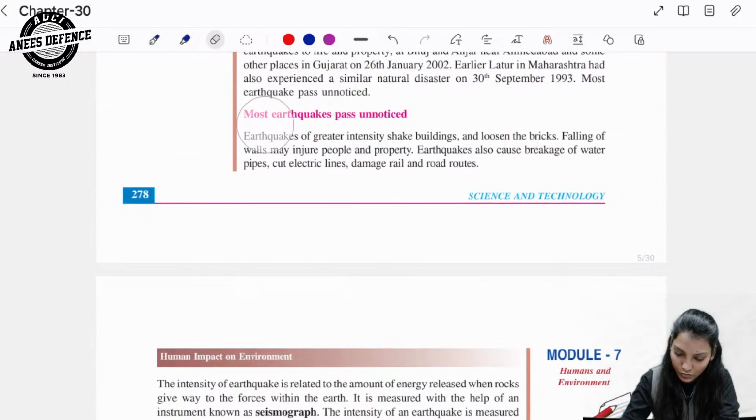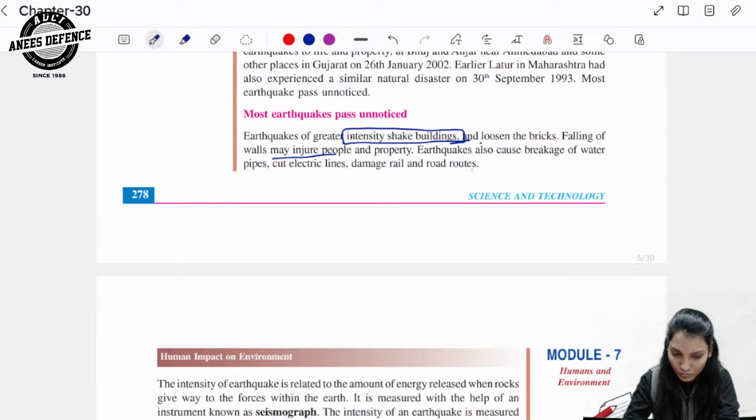In case of severe earthquakes, the intensity of shaking of the buildings is high. So falling of walls may injure people and property. So you should not stay at a particular region where you are informed that an earthquake is occurring.